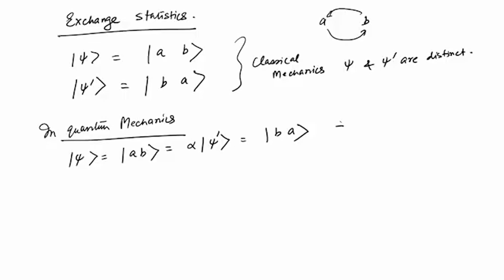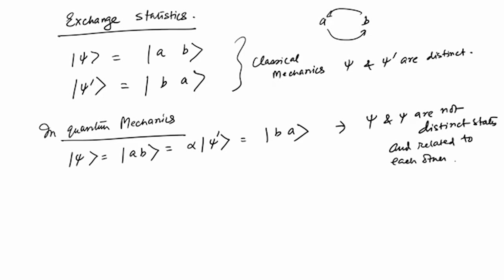There is just a phase factor that multiplies one state to give the other. So, psi and psi prime are not distinct states and are related to each other. Okay, so that seems fine.